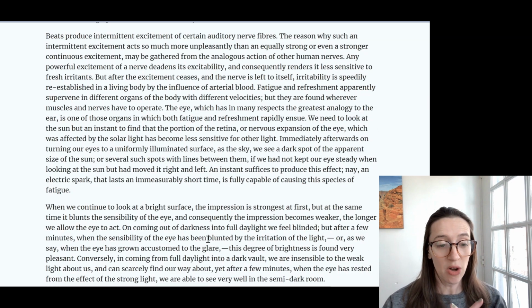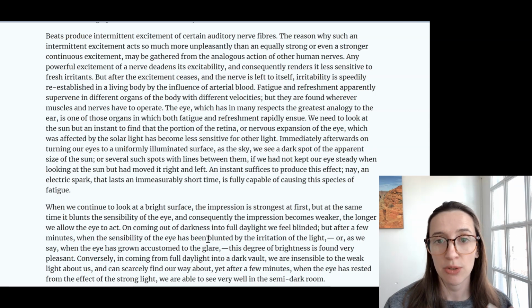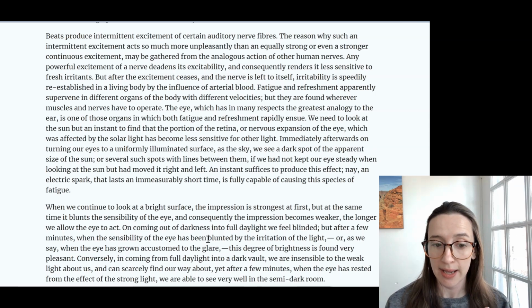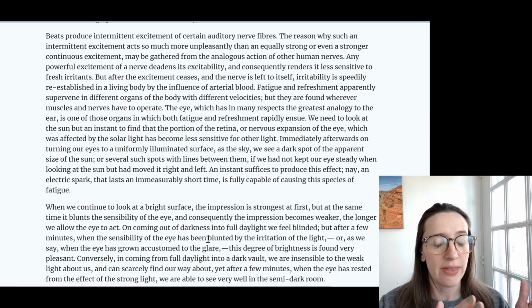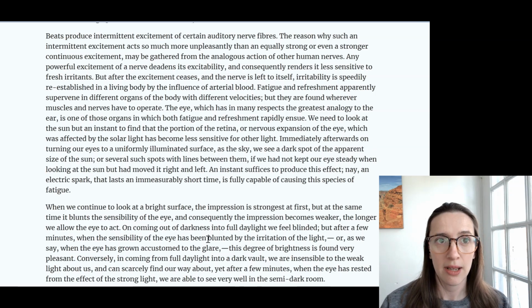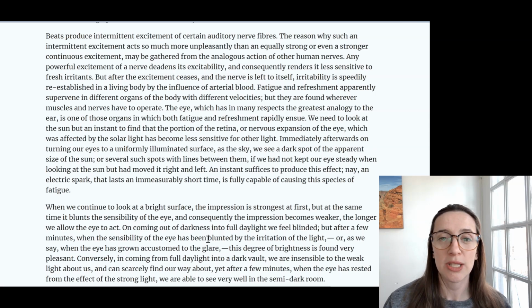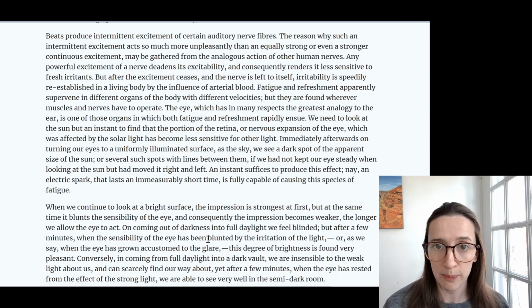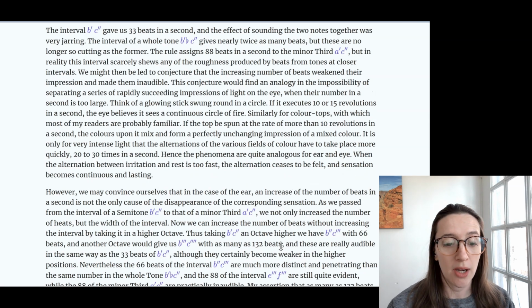So instead, Helmholtz makes an analogy of intermittent sensations in the eye. When you look at a really bright light and then look at something dark again, the bright spot lingers in your vision. Or if you spin a glow stick around in a circle fast enough, you'll perceive a glowing circle. Hence, the phenomena are quite analogous for ear and eye.